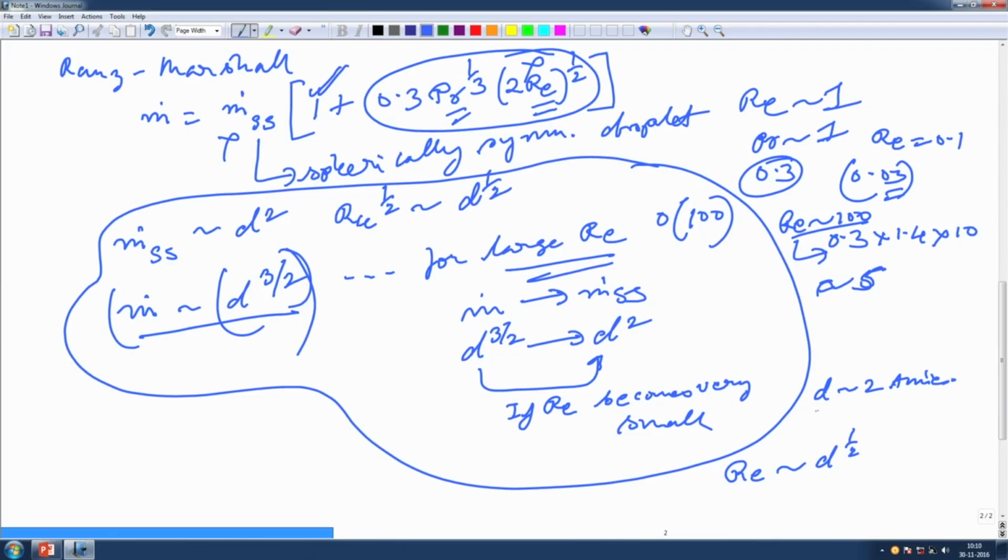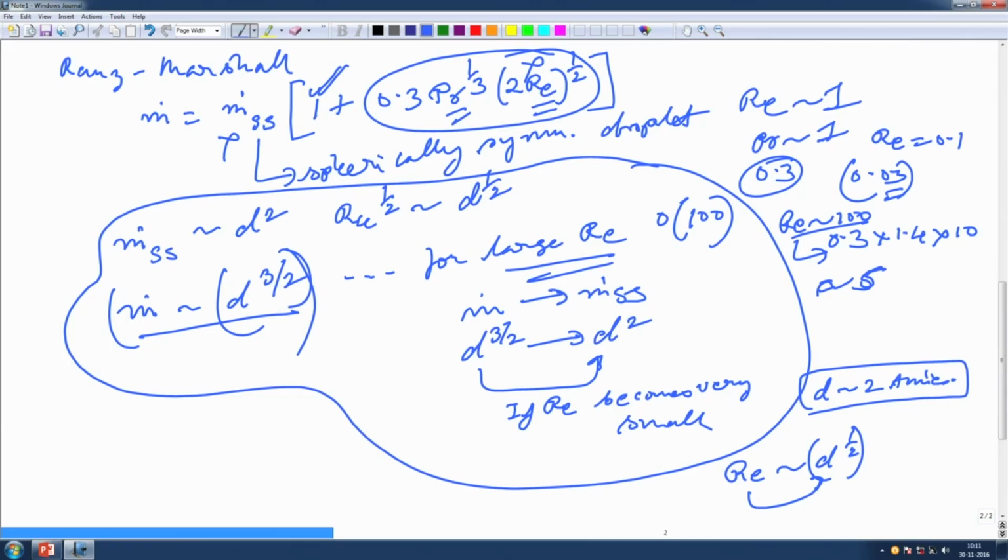So, the Reynolds number change is going to be minuscule, even if your droplet shrinks a lot, because one is volume, and the other one is basically your Reynolds number, which is basically square root of this. So, it does not change by much.